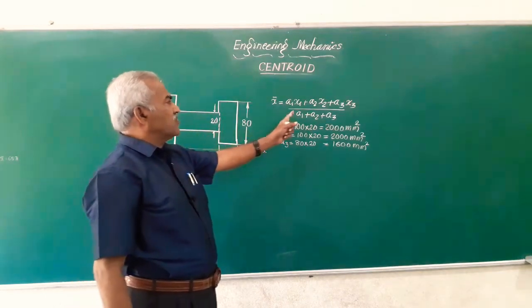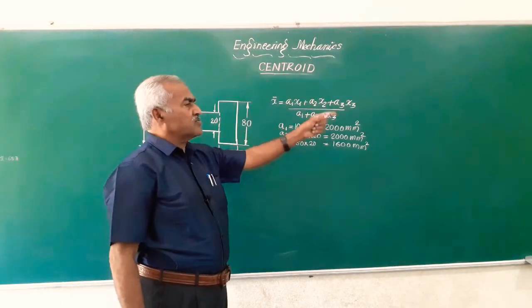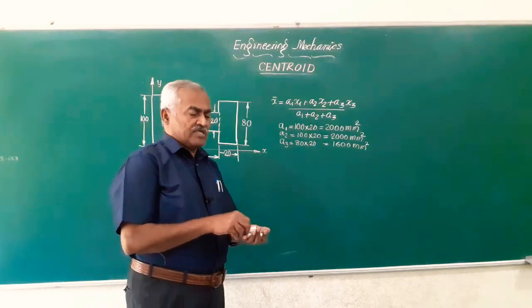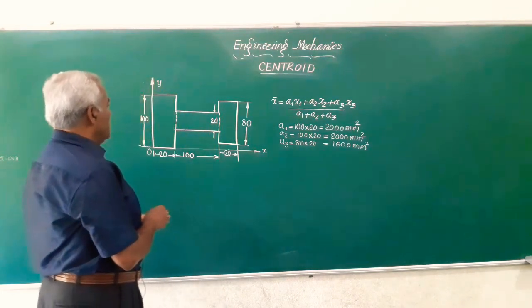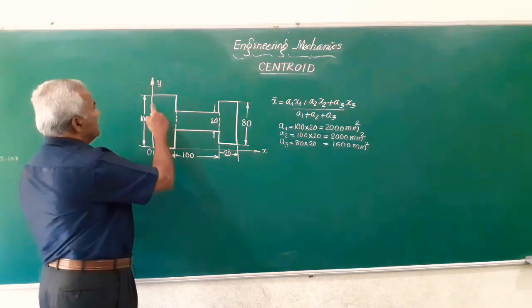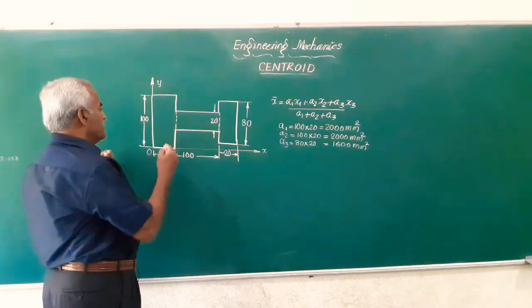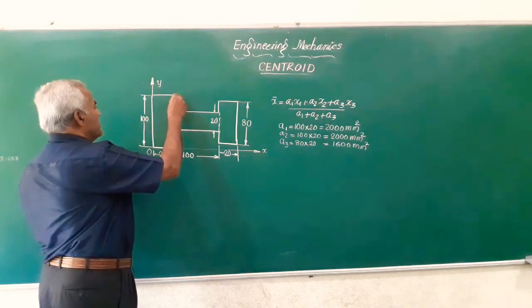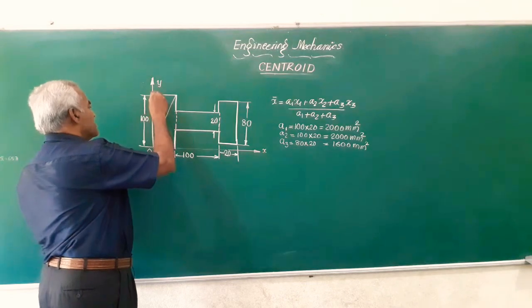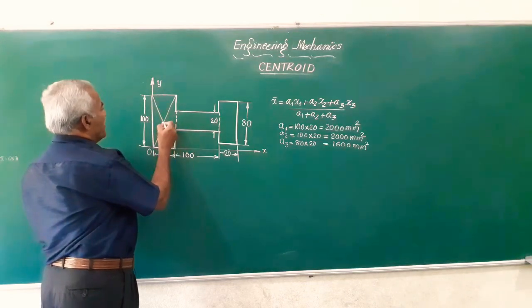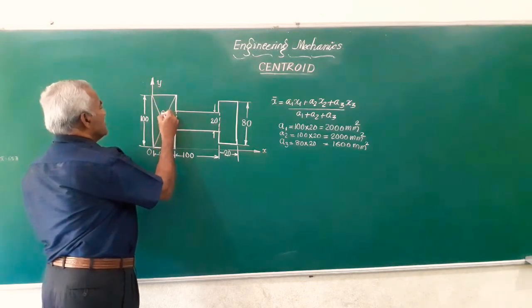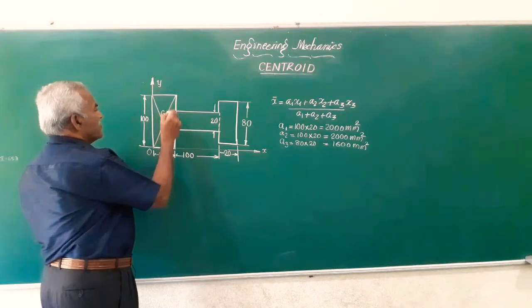Now we have to find out x1, x2 and x3. To find these, we have to locate the centroid of these rectangles. By joining the diagonals, we will be able to find G1, the location of the centroid of figure 1.